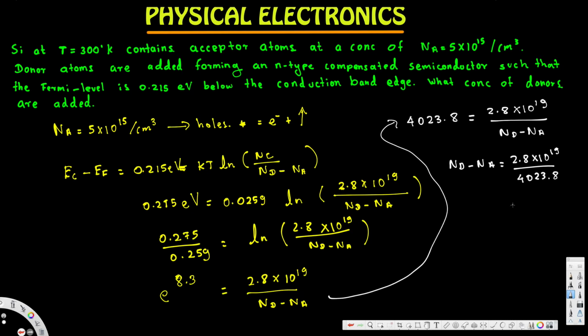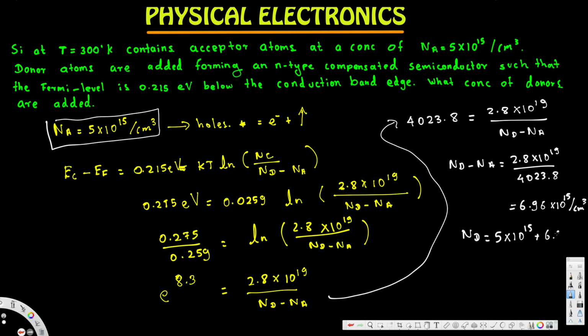If you divide this, you're going to get 6.96 times 10 to the power of 15 per centimeter cube. Therefore ND is going to be this plus Na. We already know Na, given in the question, 5 times 10 to the power of 15 plus 6.96 times 10 to the power of 15.